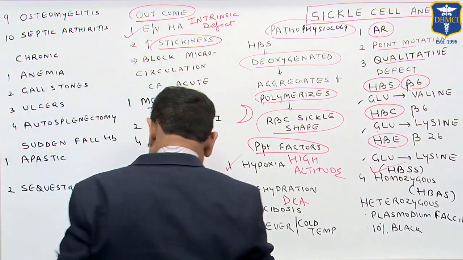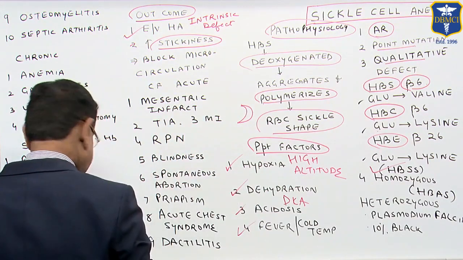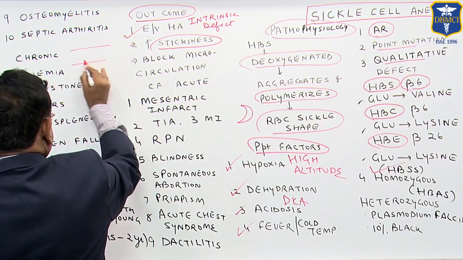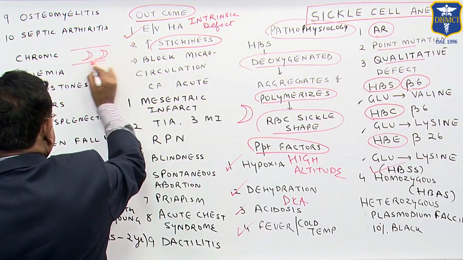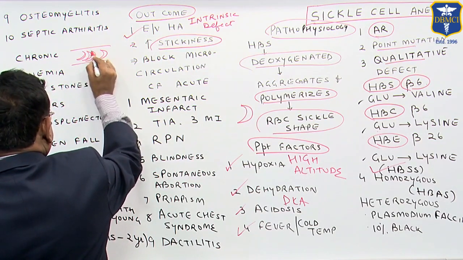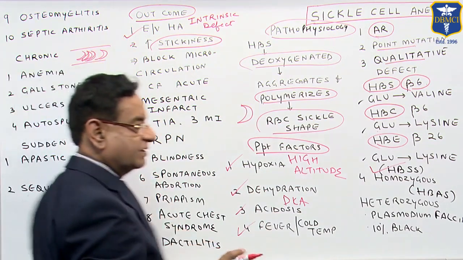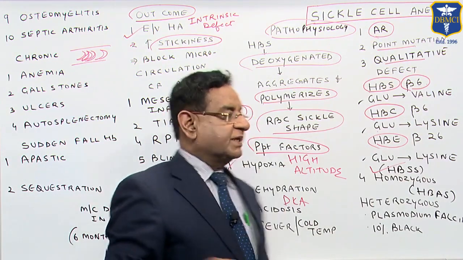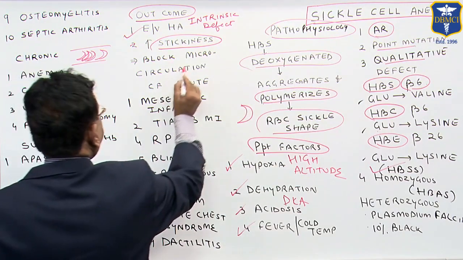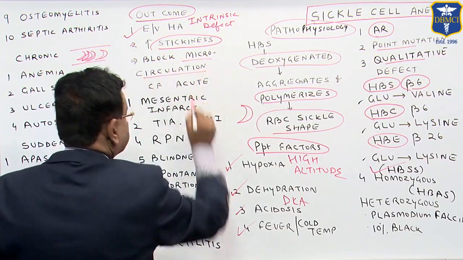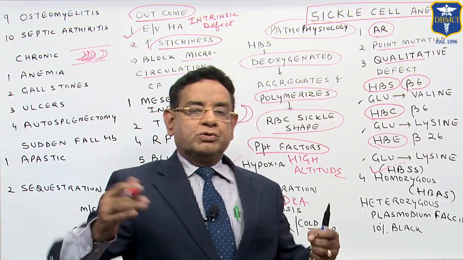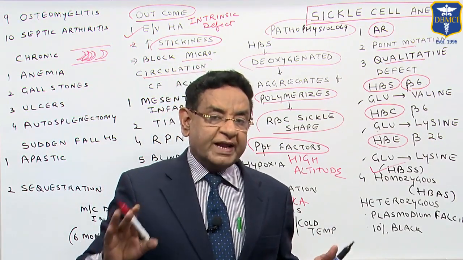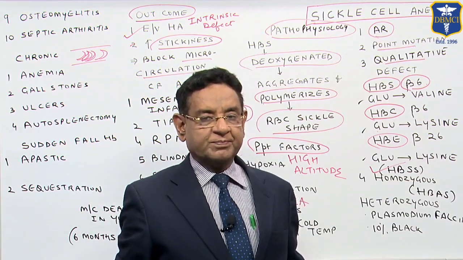This is the blood vessel and these are the sickle cells. They tend to adhere to each other. They are more sticky to each other. As they become more sticky, they are going to block the microcirculation. So, due to blockage of microcirculation, there can be ischemia or infarct of any organ in the body.